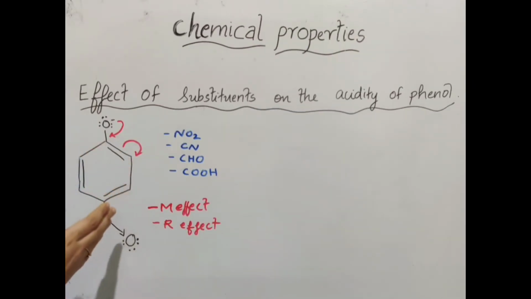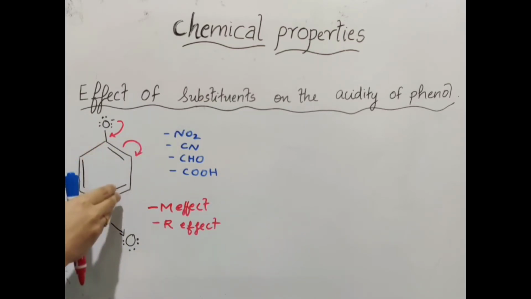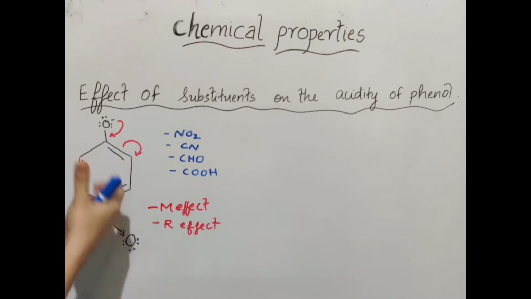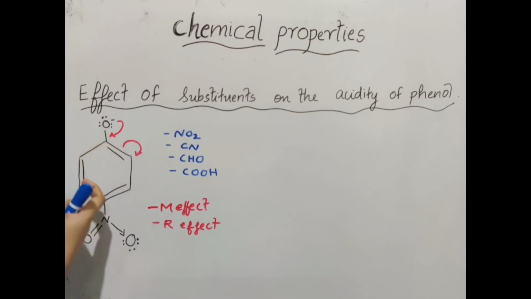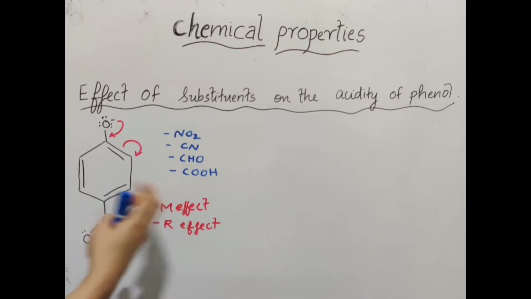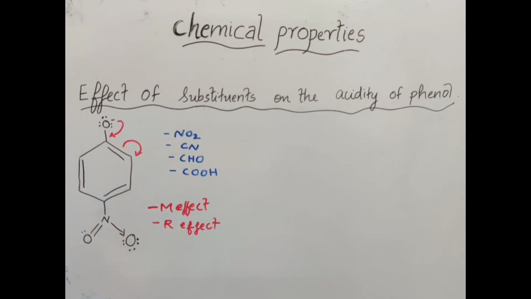What is happening actually? The electron density on the benzene ring decreases due to the presence of the electron withdrawing group. Actually, what is happening to this system? This electron withdrawing group decreases the benzene ring's electron density by attracting towards this NO2 group. That is minus M effect. Electron is shifted towards NO2 also.